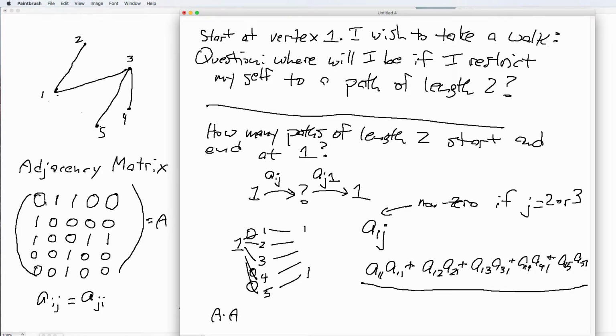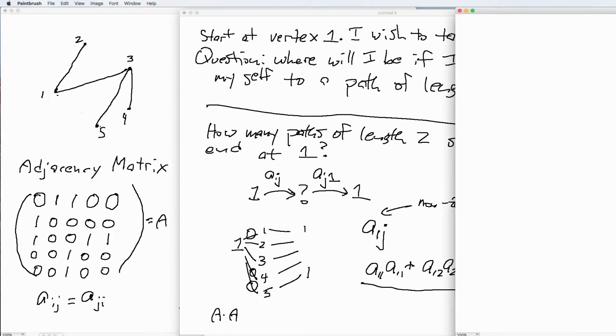Remember, this is A11, A12, A13, A14, A15. This is A11, A21, A31, A41, and A51.